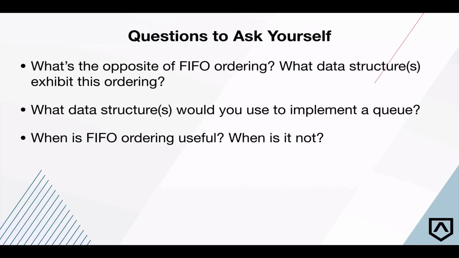Start to think about what data structure or data structures, because there might be more than one correct choice, you would use to easily facilitate the behavior we're looking to achieve with a queue. And lastly, think about when FIFO ordering is useful and when it is not.